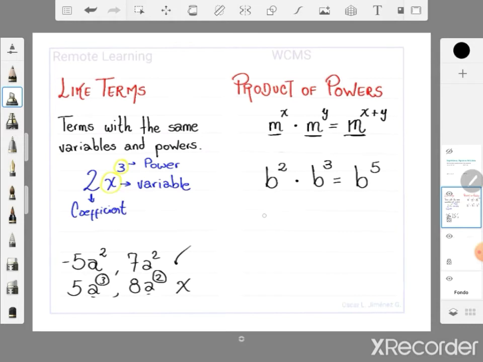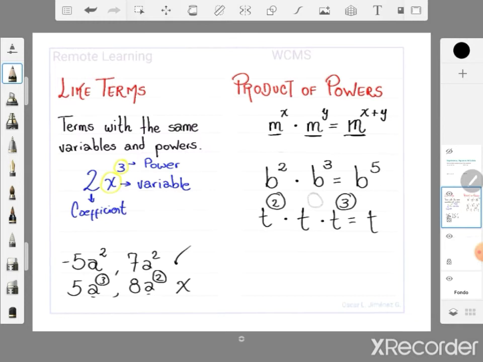Okay, let me show you something different. For example, if you have t to the second power times t times t to the third power, remember this is just for multiplication, that's why we have product of powers. We keep the t, the base, and we add the exponents. So we have 2, we have 3, and what other number do we have right here?